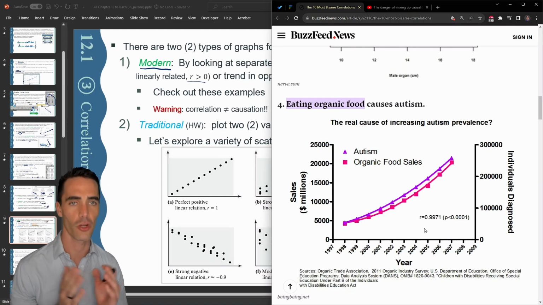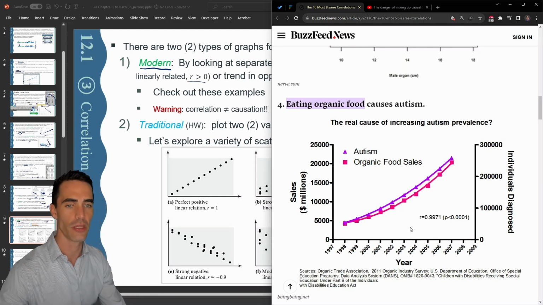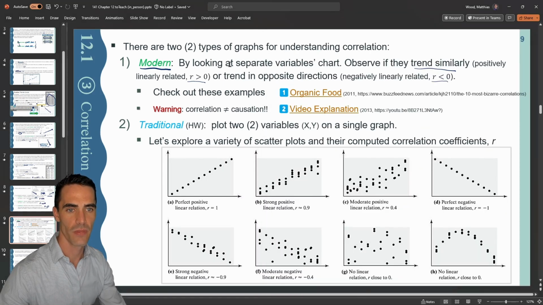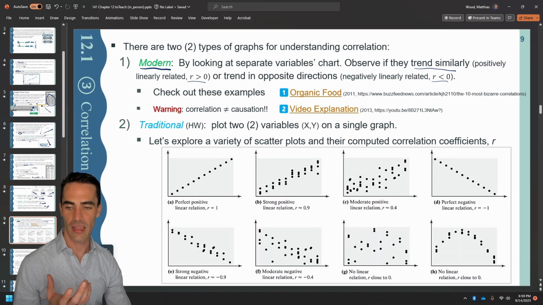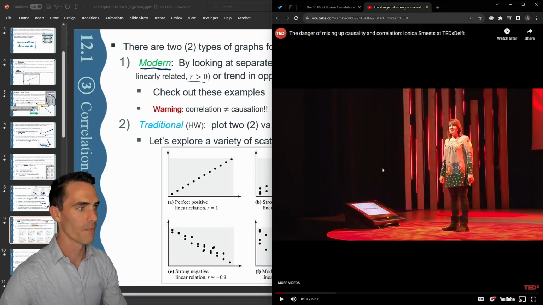But just because they are correlated has no bearing on causation, which is why you often hear the old adage, correlation does not equal causation. This video link is a TEDx talk discussing exactly that big worry, that just because two variables are correlated does not mean that they show some kind of causation.